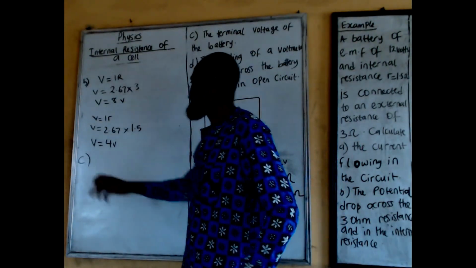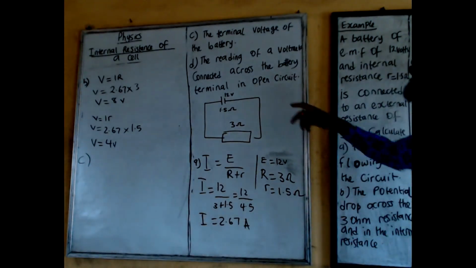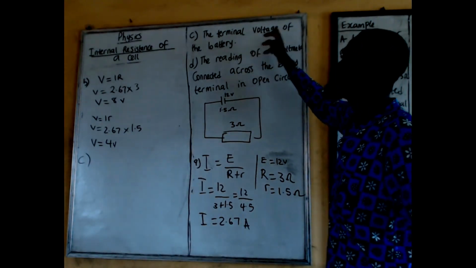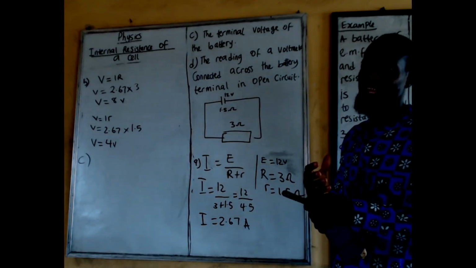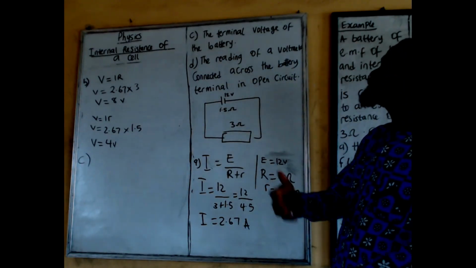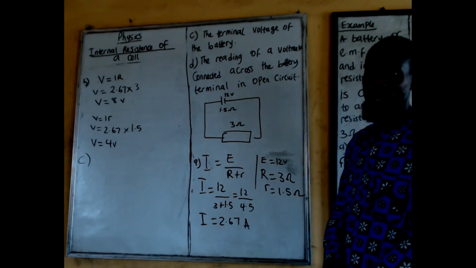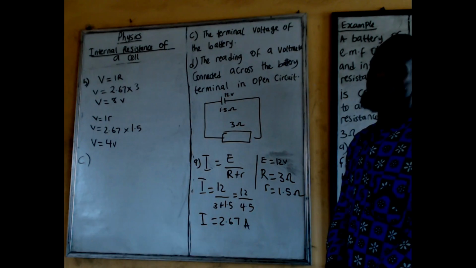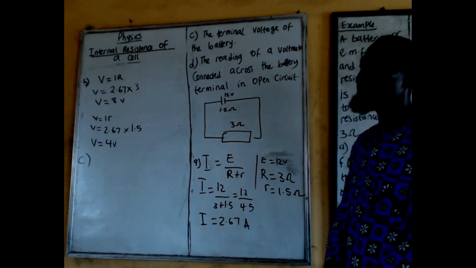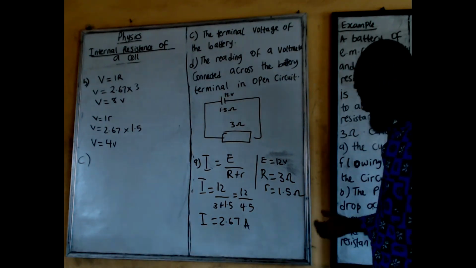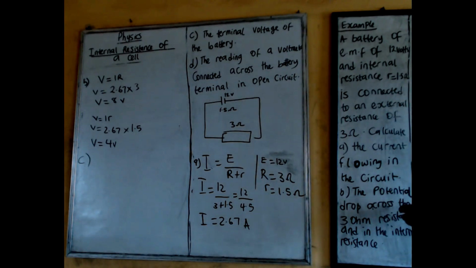Now the C part says the terminal voltage of the battery. So this question, like I said, is just playing around. What is now the terminal voltage of the battery? It is still the same thing as the potential drop across the 3 ohms resistance.